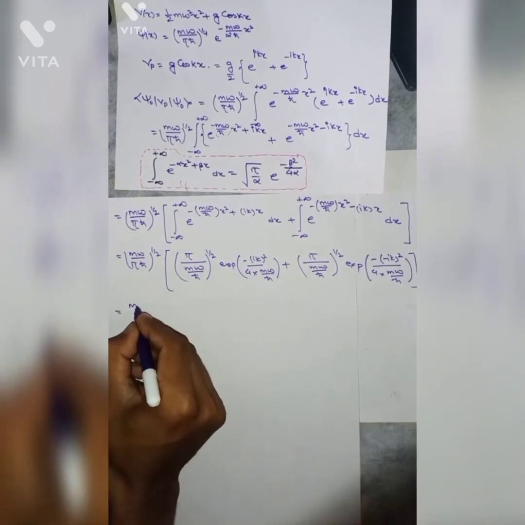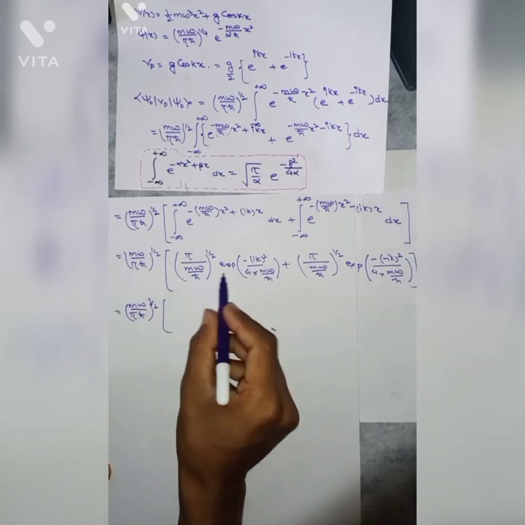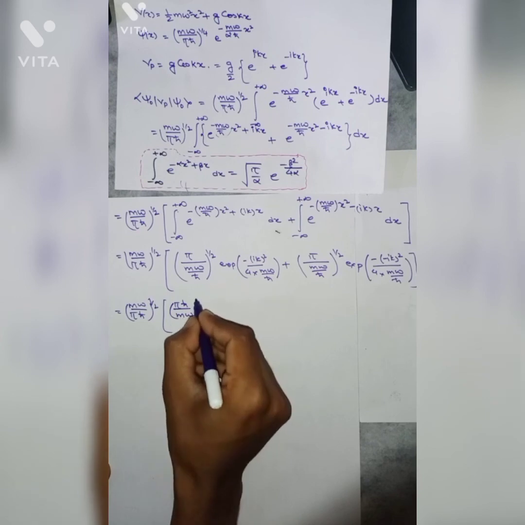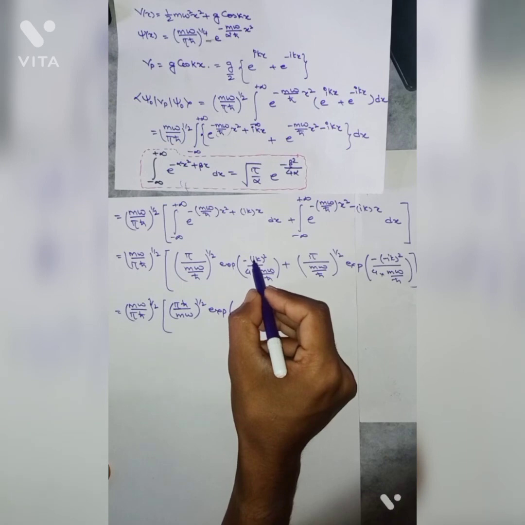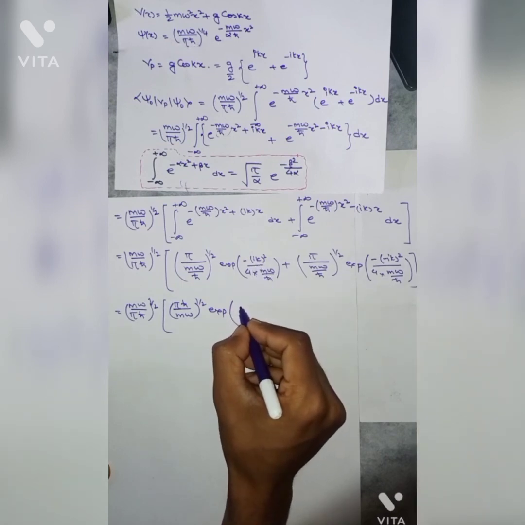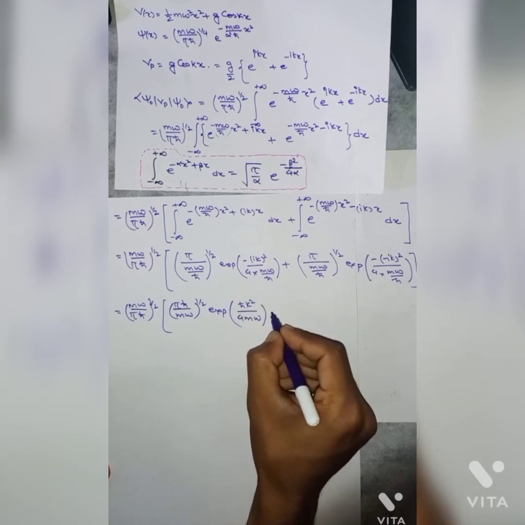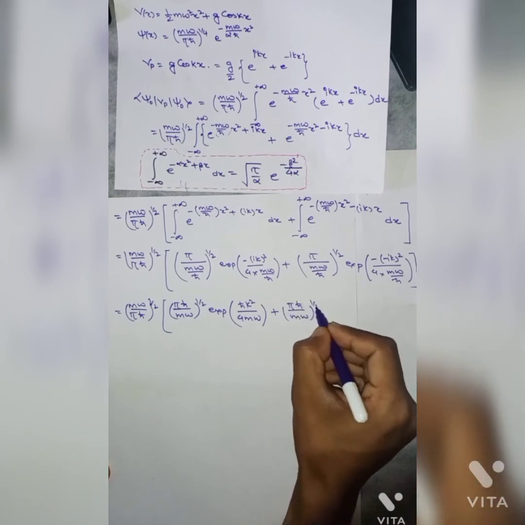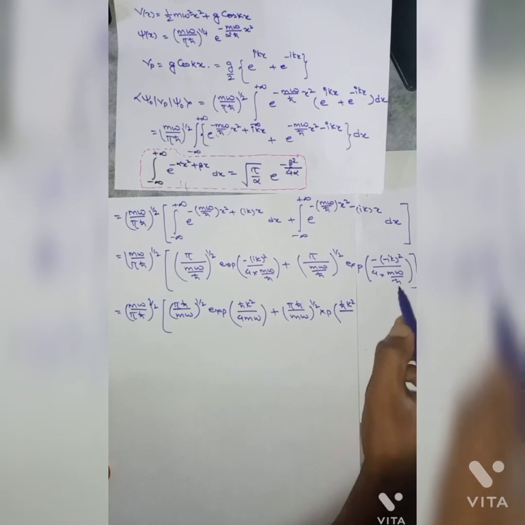Now (mω/πħ)^(1/2), and if we solve this one, I will get (πħ/mω)^(1/2) times exponential of, since iota squared will give a negative sign, minus ħk squared divided by 4mω, plus the same thing (πħ/mω)^(1/2) and then exponential of ħk squared upon 4mω.